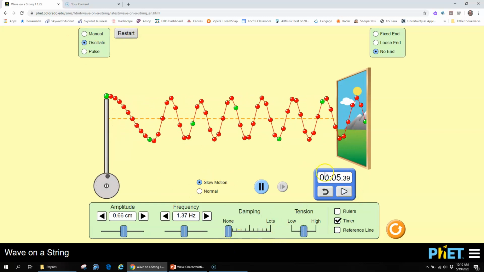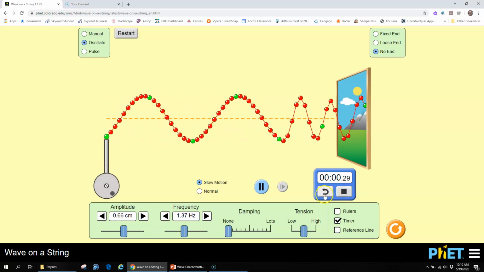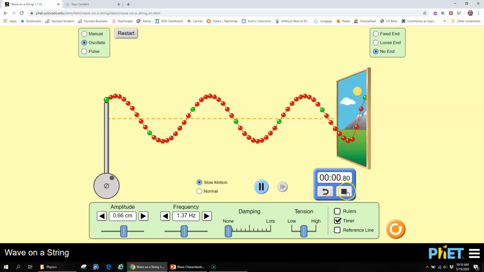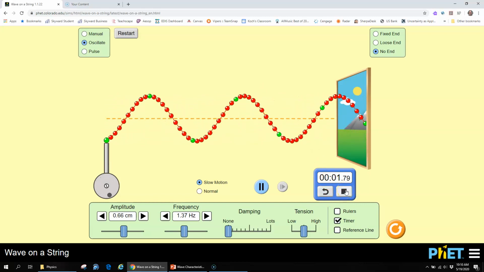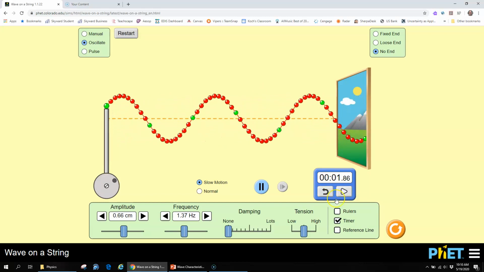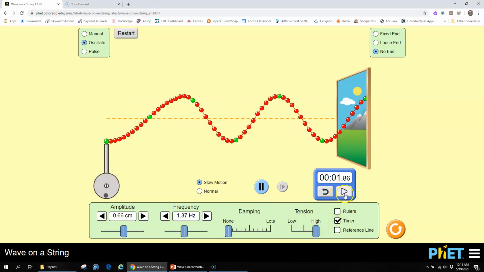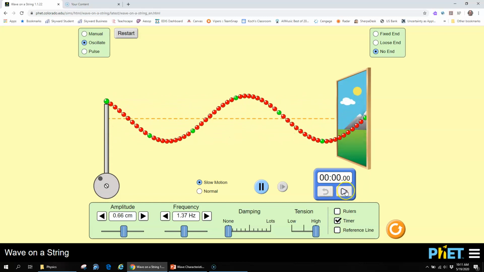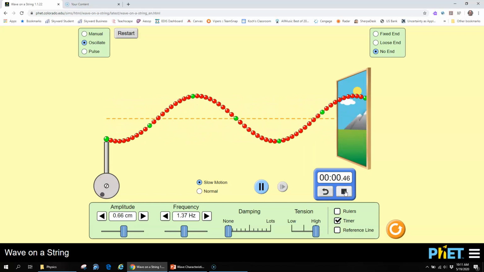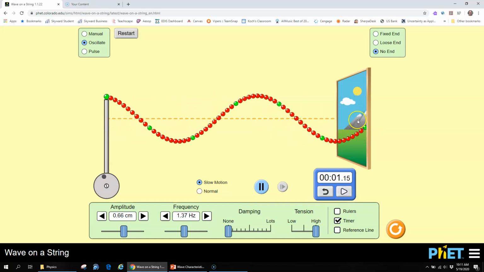If I go to medium speed, for medium tension, watching this crest, oh yeah, quite a bit shorter. If I go to high tension, even less time.